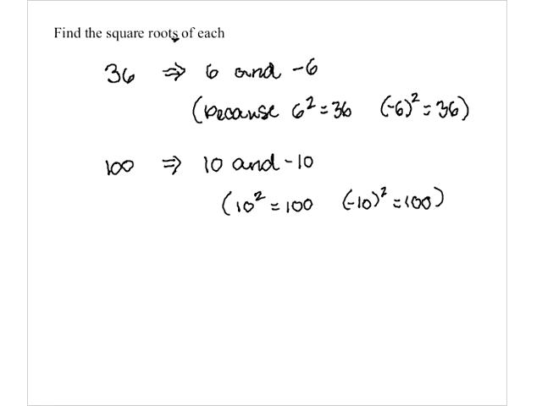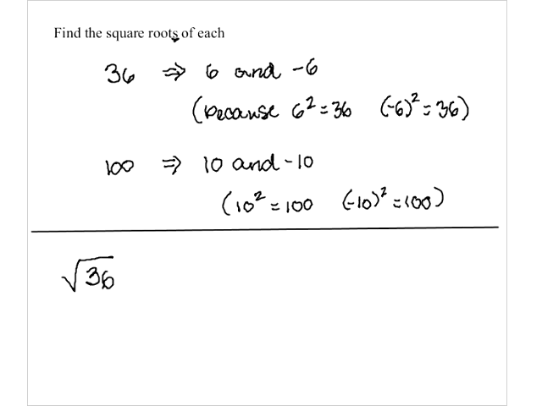But, on the other hand, if I use this symbol, what we call a radical symbol, or some of you might call it the square root symbol, if I just ask for the square root of 36, that's called the principal square root. We only want positive 6. That would be the only answer to that.